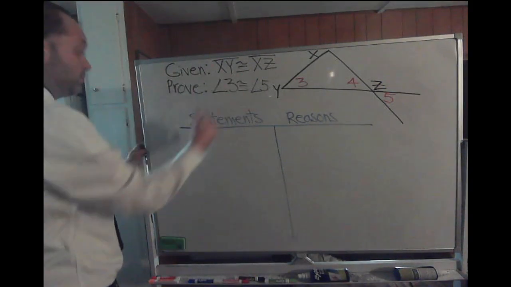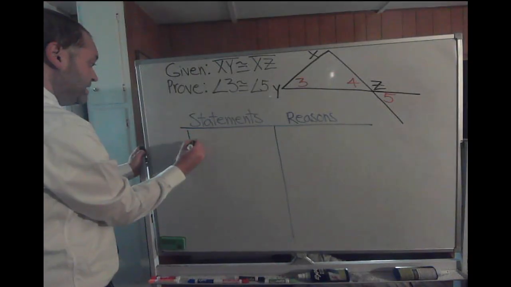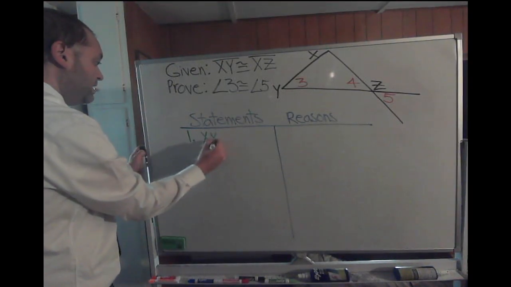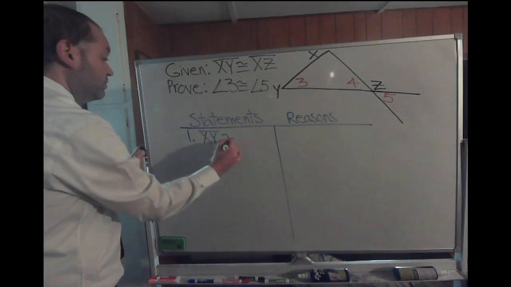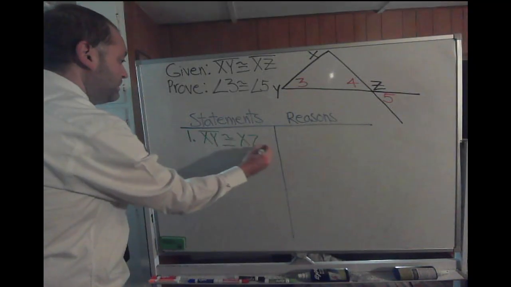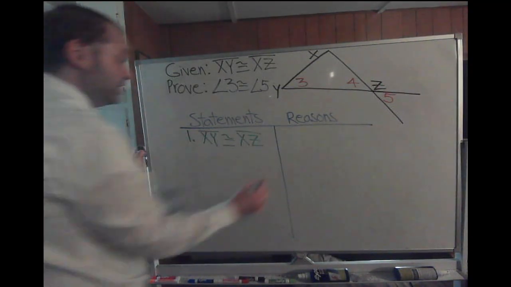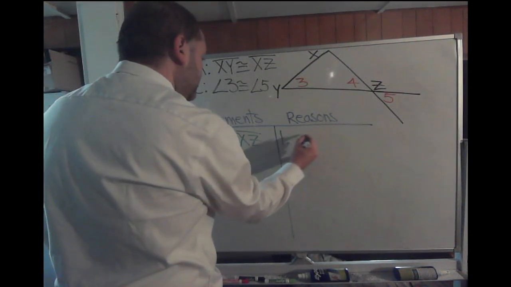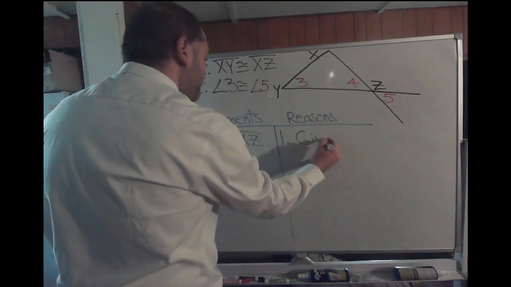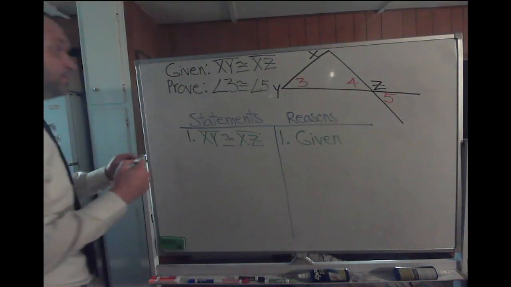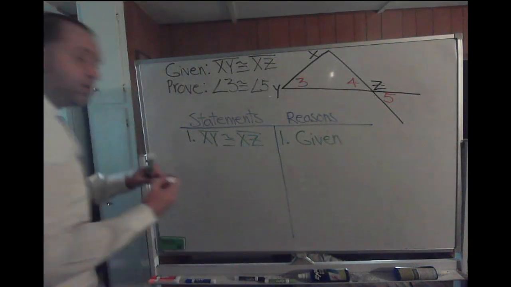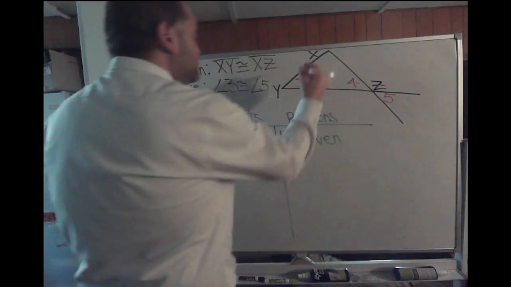Statement 1, start with your given information that side XY is congruent to side XZ. That's going to be given information. And now that we have established two congruent sides, why don't we mark that in our diagram to make our life easier?